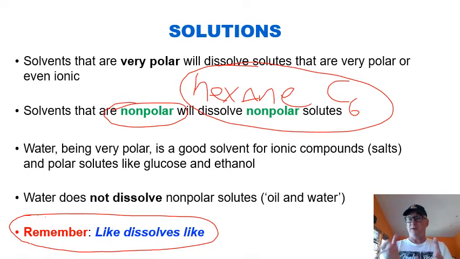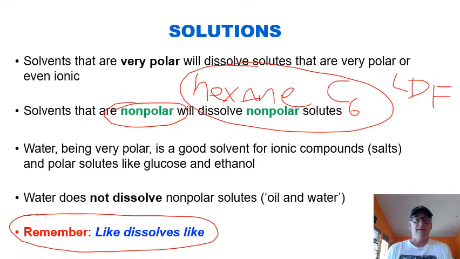It would take some time, but eventually it would dissolve in the hexane because there would be a lot of nonpolar interactions. And we know those as London dispersion forces, right? Good old LDF.